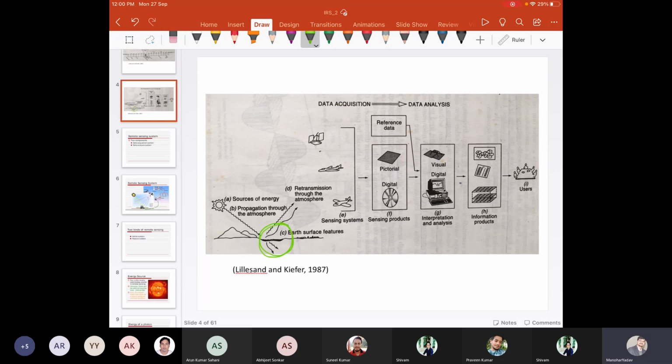Earth surface features, how that energy interacts and what is the response. And the source of energy, the propagation through the atmosphere, retransmission through the atmosphere, this part we have already discussed.